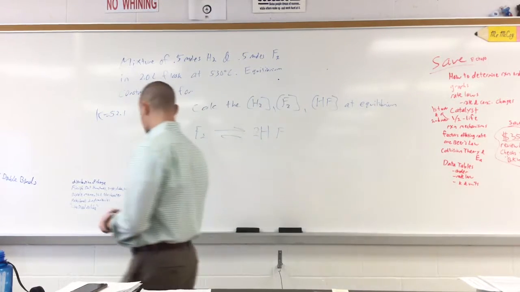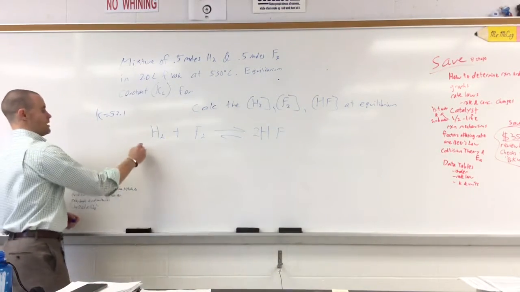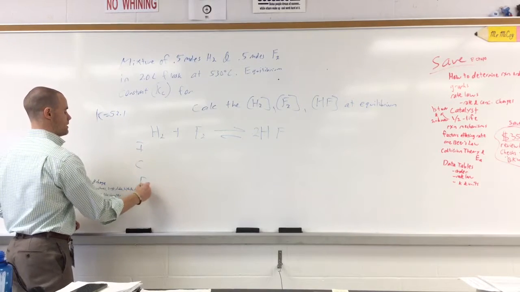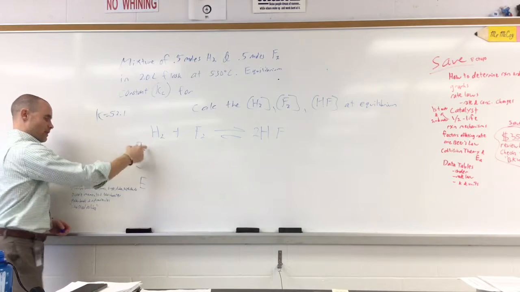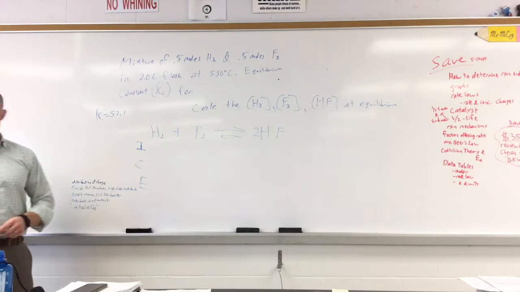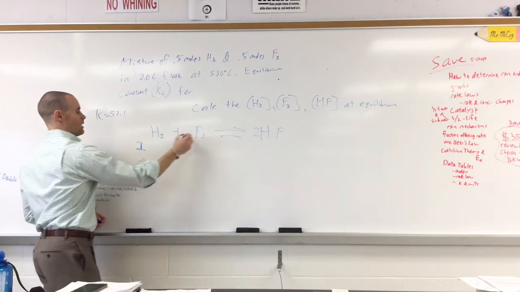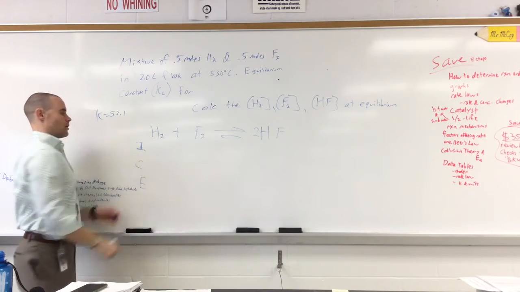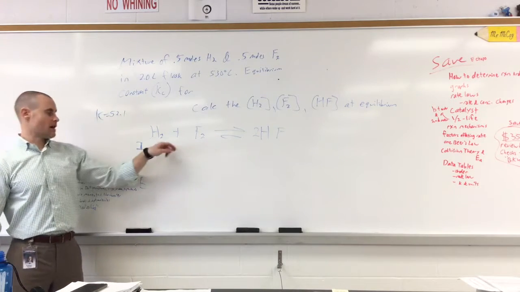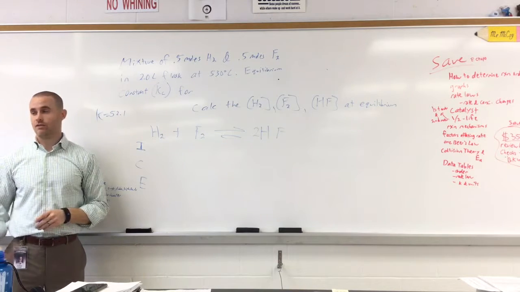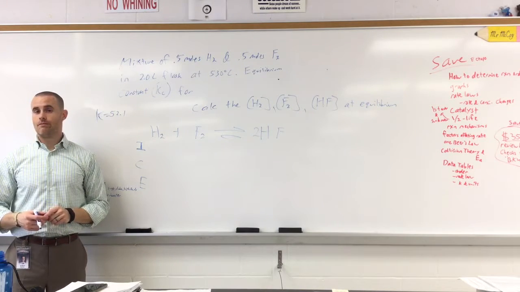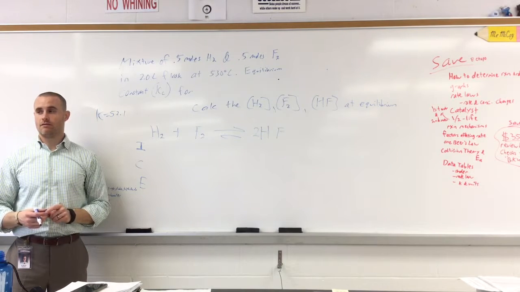So initially we're going to say 0. Here's where the ice table comes in. You write ICE down the left side. Learning the method and doing this over and over is half the battle. Initially, underneath H2 and F2, we write down the initial concentration. It's not 0.5 and 0.5. What is it? 0.25.